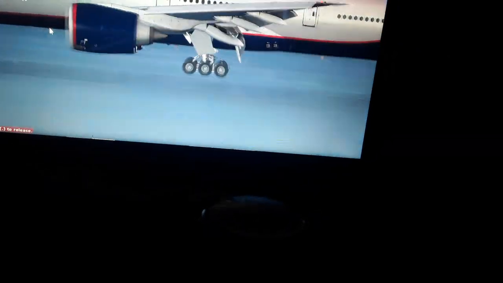So you can see here, hope you have a nice view of the flight controls that I'm explaining right now.